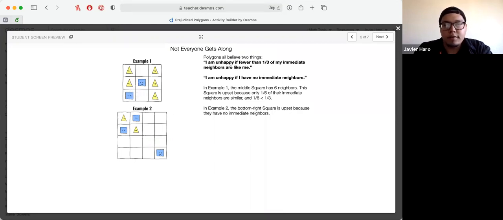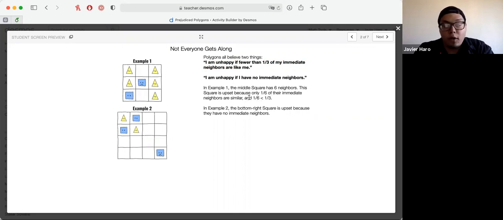So he's unhappy because only 1/6 of their immediate neighbors is like the square itself. Okay, so 1/6 is definitely less than 1/3. So we needed at least 2 squares around it so that it wouldn't be unhappy.